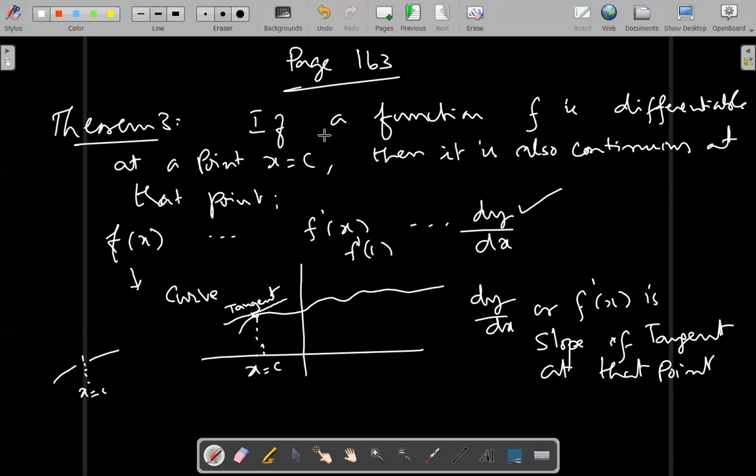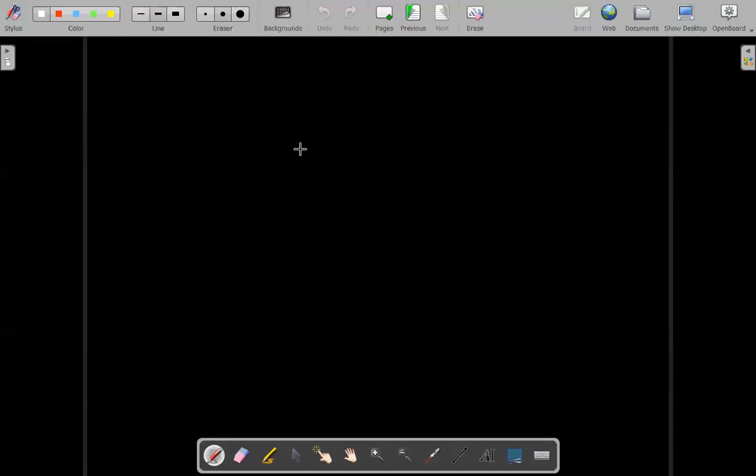Now we look at the proof as given in the textbook.